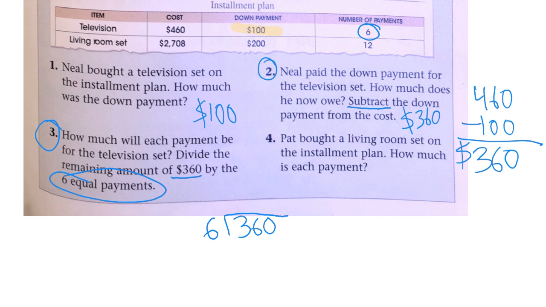So let's divide. I wonder how many 6's will go into 36. I think 6 6's will go into 36 because 6 times 6 is 36.